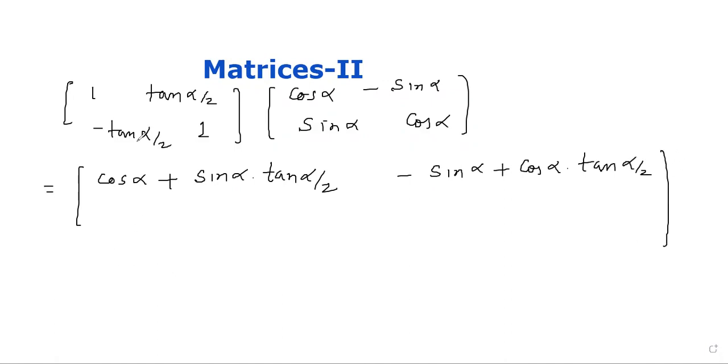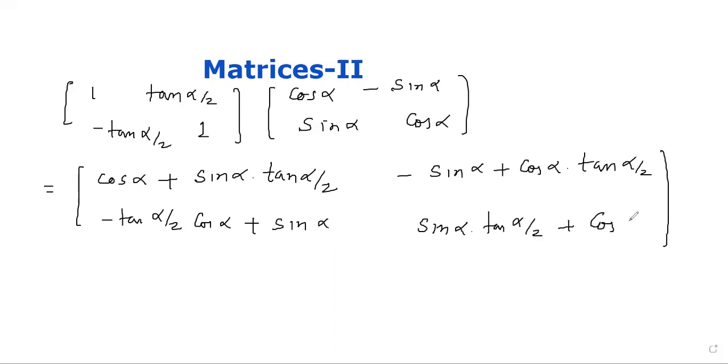This will become, let's write, minus tan alpha by 2 times cos alpha plus sin alpha, and the last one will be sin alpha times tan alpha by 2 plus cos alpha. If you observe carefully, this term and this term are the same, and this term is the negative of this term. So this we have to prove as 1. This will also be 1, and then these two will be negative of one another.